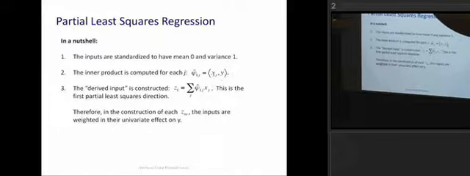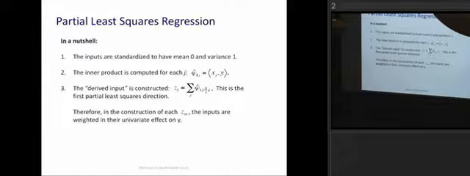And the derived input is going to be Z1, which is a summation over these psi in xj. So, okay, this looks kind of weird. It looks kind of similar to PCA, but the difference, of course, is that we have this term. This term serves as a weight.